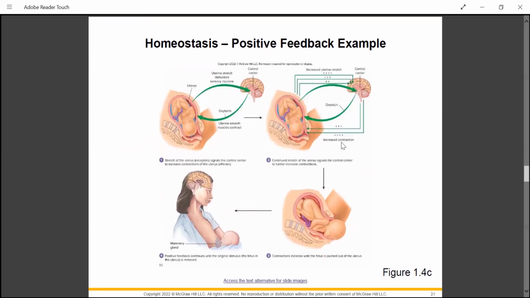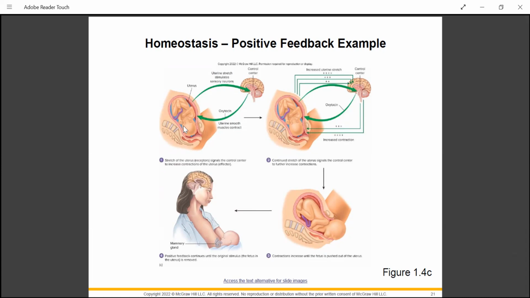Okay, so let's go to our positive feedback example. Remember, we're going to amplify the response this time. So we're going to use the example of childbirth. When contractions start, the uterus is stretched more, and the brain receives that signal and causes the release of oxytocin. Oxytocin then causes stronger contractions, which causes increased uterine stretch, which causes more oxytocin to be released.